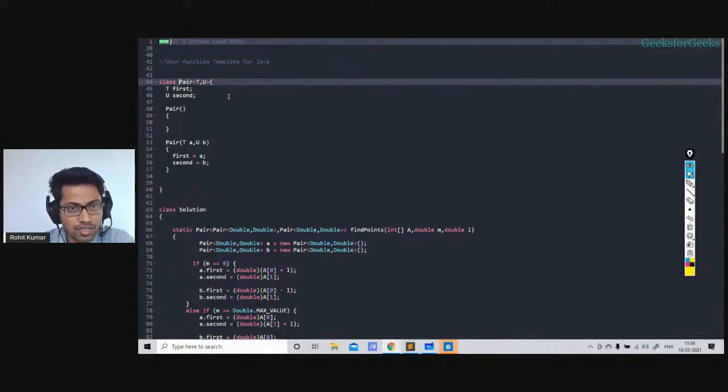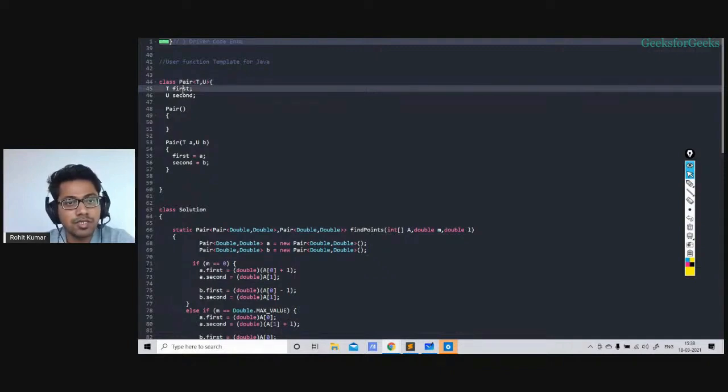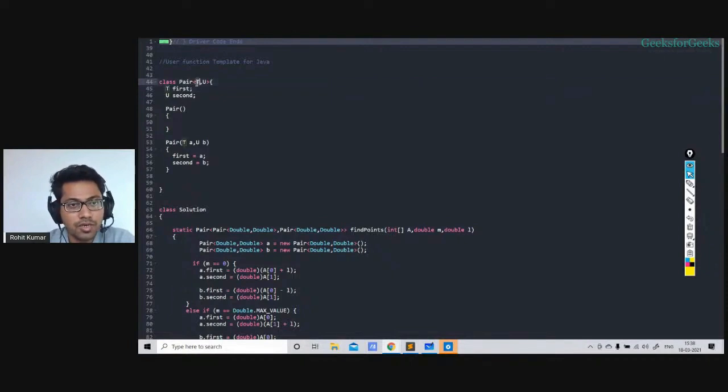Let's say you want a class where you are not initially aware what kind of data type it will store. I don't know, it could be an integer, boolean, character, double or float. So I take capital T and capital U, which could be anything. It will work for all of them. So this is how generics in Java work.